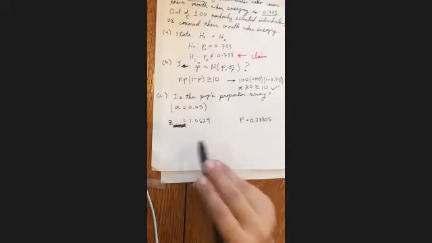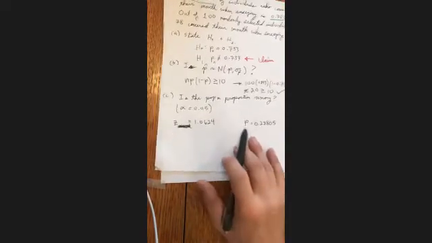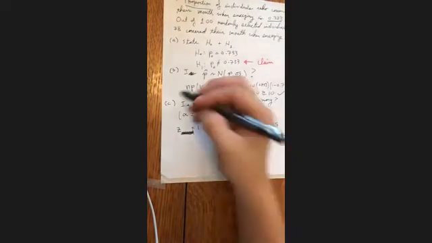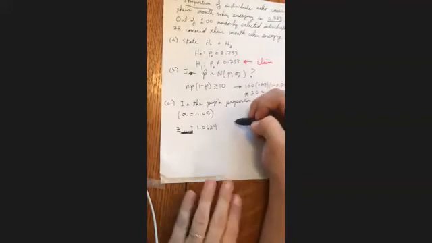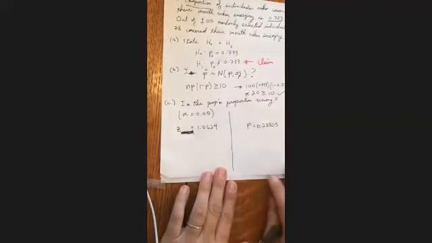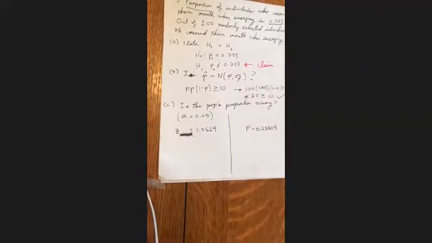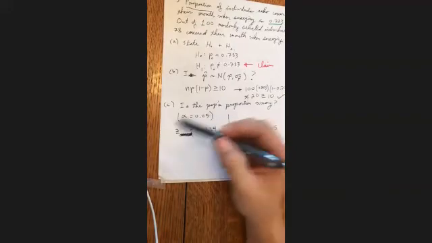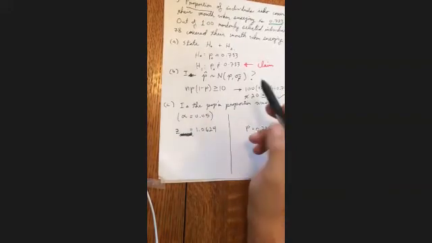I wrote them down like this because we can use these to perform the test two different ways. Your book calls it the classical way and the p-value approach. The classical approach is to find the critical value and compare this Z value to that critical value.